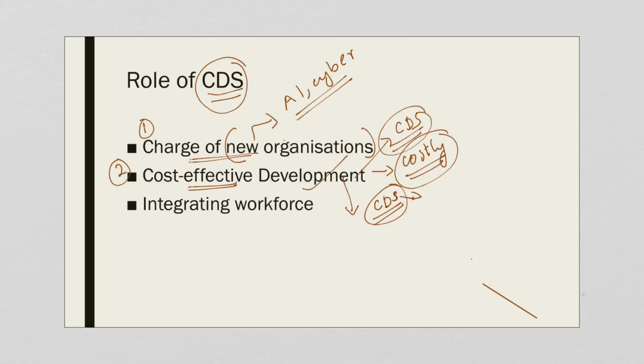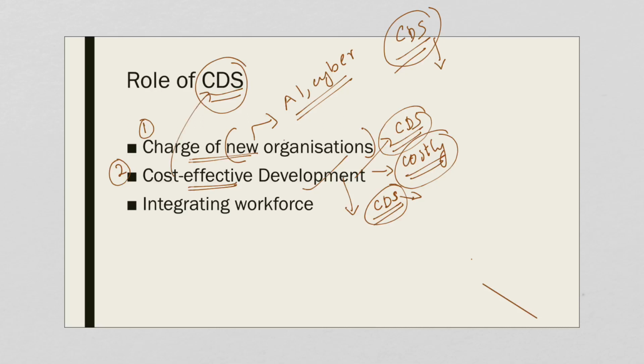And considering the high cost of future technology, the CDS can also contribute towards the optimization of existing structures. That means maximum benefits can be taken out of the existing structures as well. So, a review of existing establishments and a review of all the existing manpower should also be a function that is assigned to the CDS.